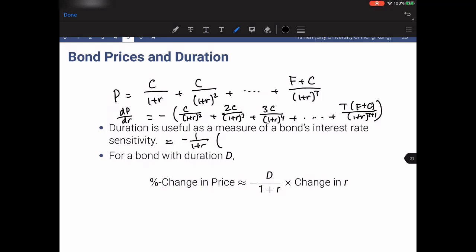We will get C divided by 1 plus R, plus 2C over 1 plus R squared plus 3C over 1 plus R cubed, plus all the way to T F plus C divided by 1 plus R to the Tth power.